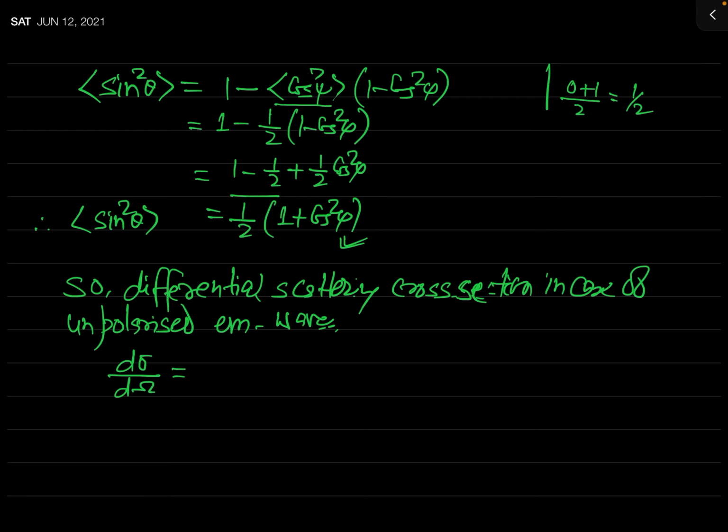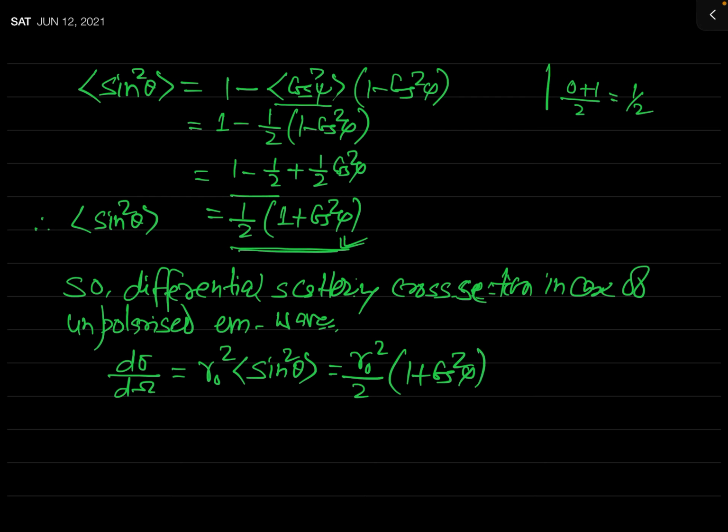And as you know, the formula is what? This will be R naught square and the average value of sine square theta. But you know the average value of this sine square theta is this much. So let us substitute this value here. So this will be R naught square over 2 times 1 plus cos square phi.